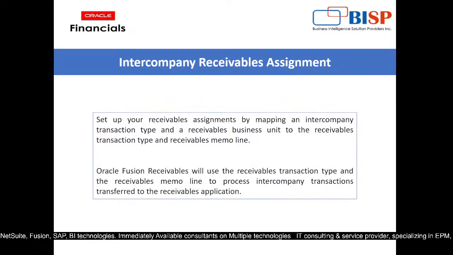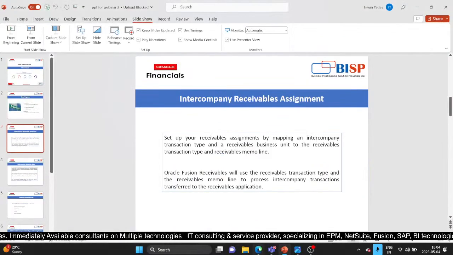You can configure a specific receivable transaction type and a specific memo line, and then use them for each intercompany transaction type for a receivable business unit. So this setup will help you map your intercompany transaction type with your receivable transaction type and memo line. There can be specific ones or the ones which are already present in the instance.